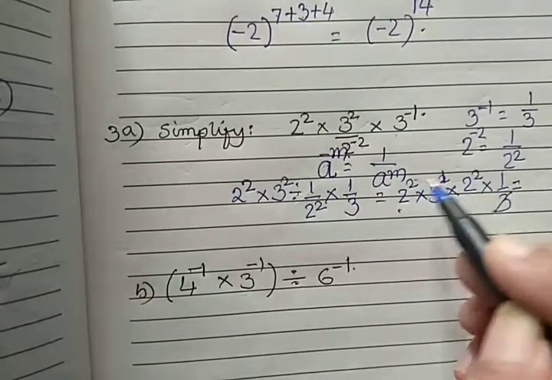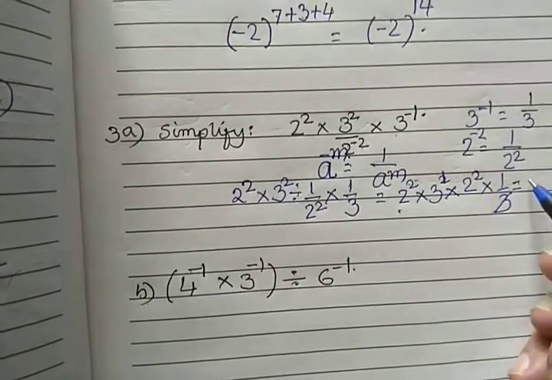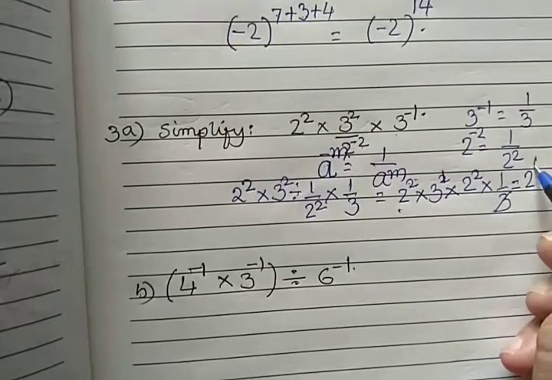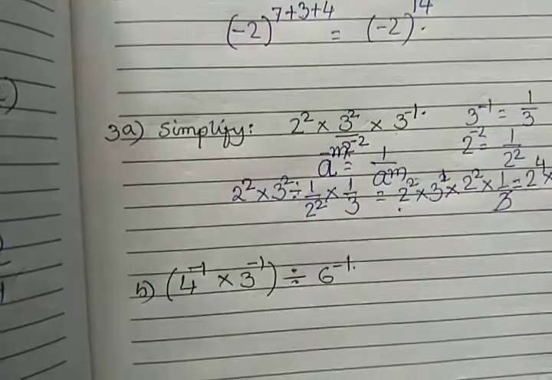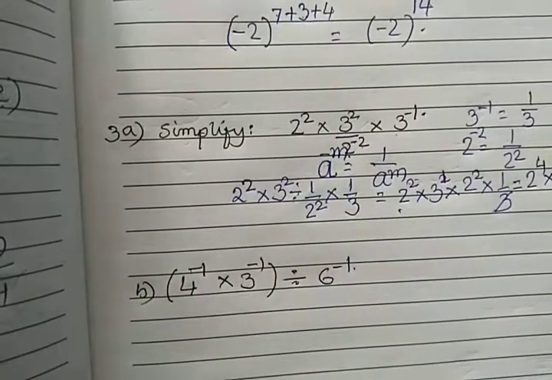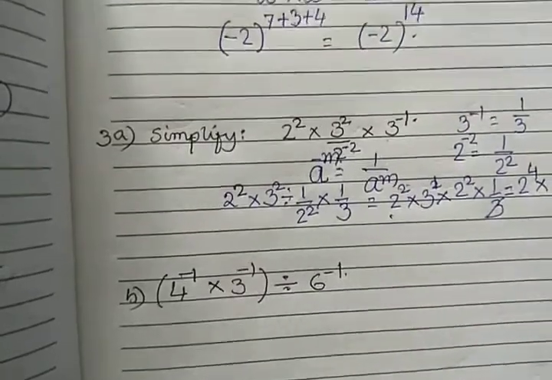You have to add the powers. 2 to the power of 4. And here into 3. What is 2 to the power of 4? 2 into 2 into 2 into 2, like that. You have to write 4 times.